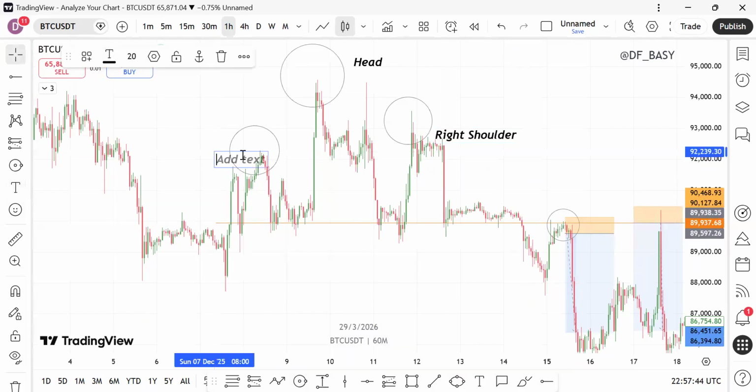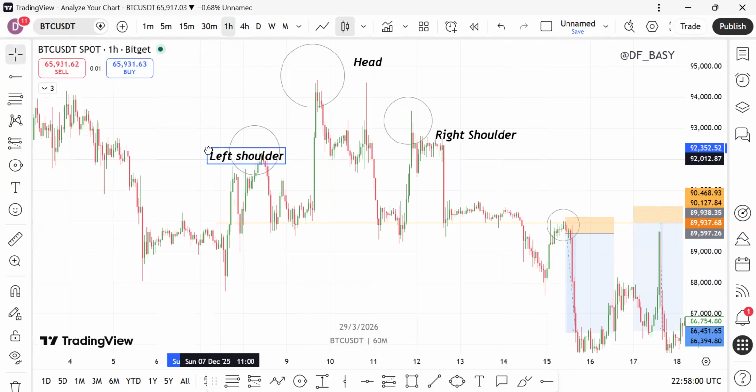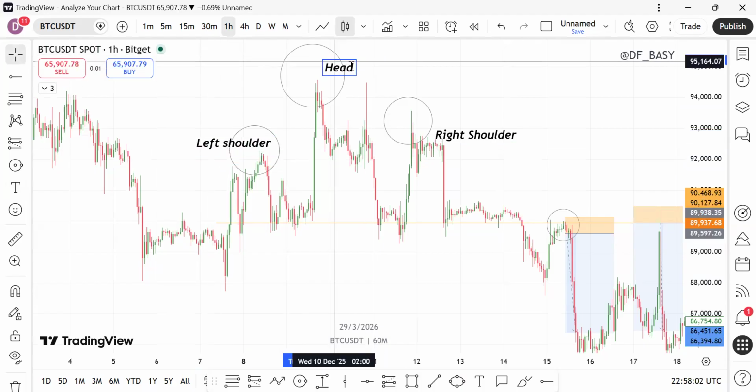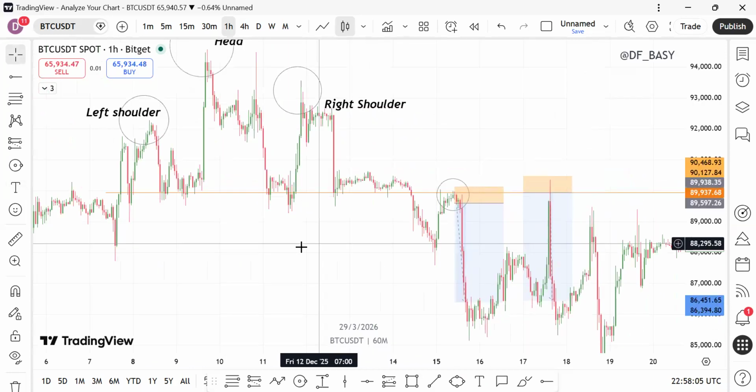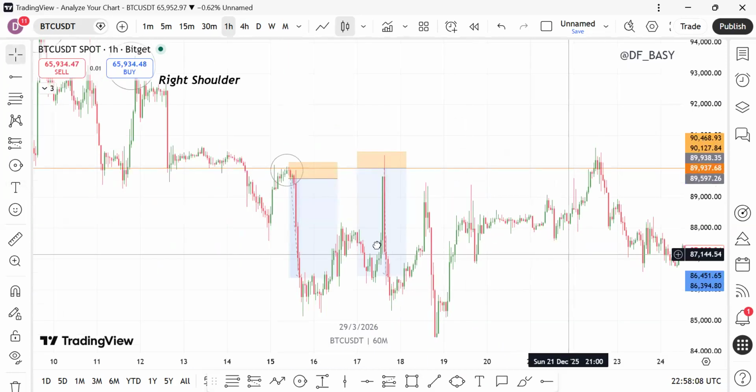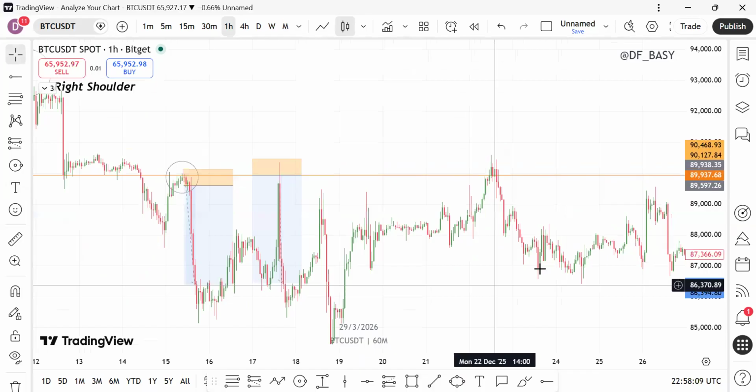The left shoulder over here. Right? So you have the left shoulder over here, you have the right shoulder, you have the head over here. So if you can go back and test this, you see that you can use this to make a lot of profit, a lot of profit from the market.